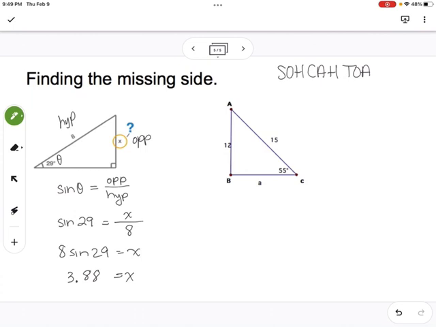So if I label my sides, across from the 90 degree is the hypotenuse. Across from the given angle will be the opposite side. And directly beside the given angle is the adjacent.